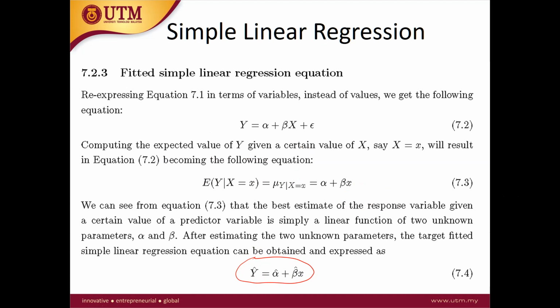The estimated value of y, which is y hat, depends on the linear function of 2 unknown parameters, alpha and beta. I'll show you how to find the values of alpha and beta in the next video.